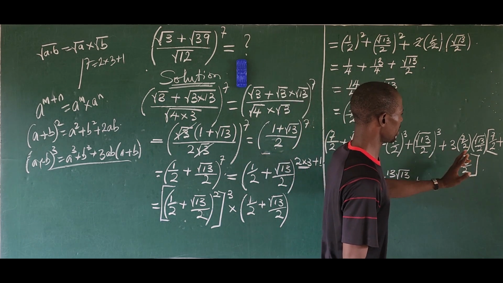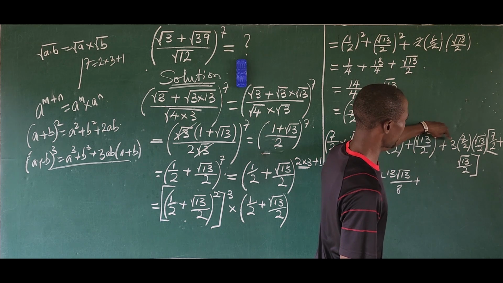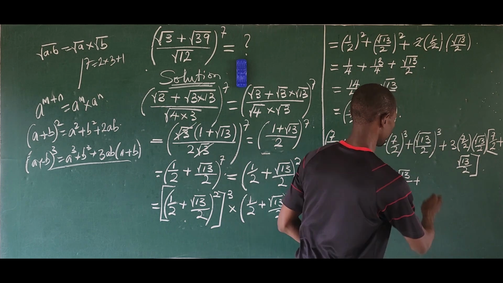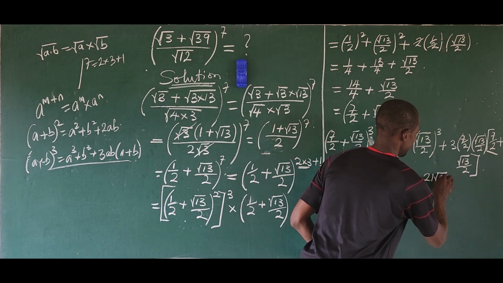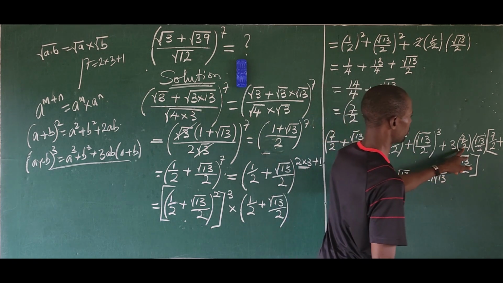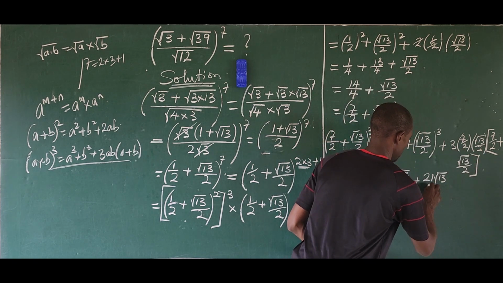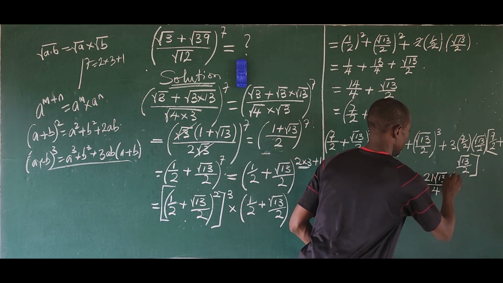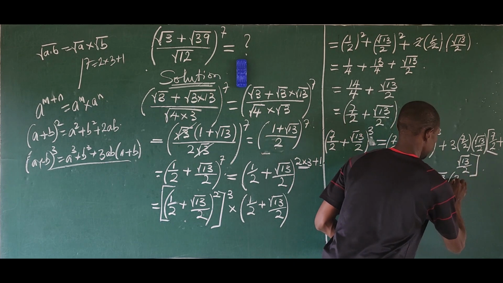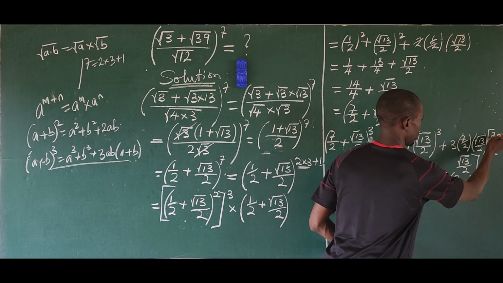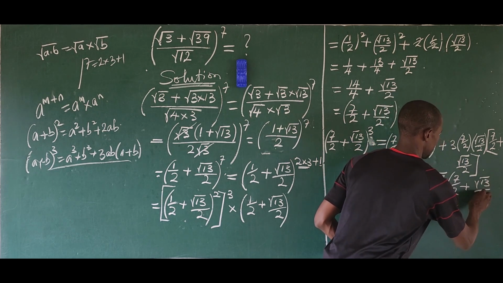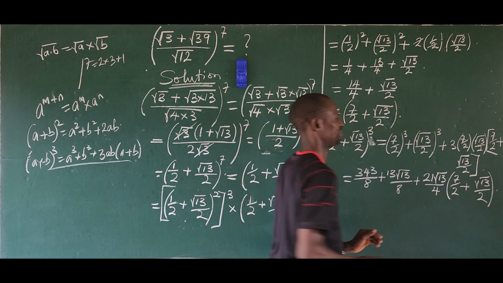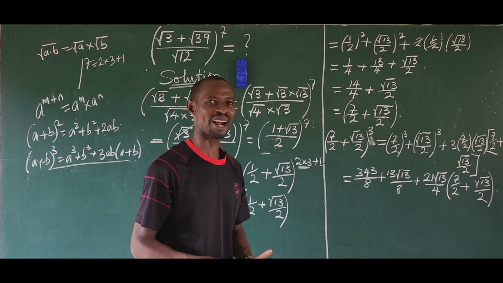Now, if you check this out carefully, we're going to have 3 times 7, which is 21. We have here 21 root 13, right? Then we're going to have 2 times 2 here, which will give us all over 4, bracket, whatever we have inside the bracket here, which is 7 all over 2 plus root 13 all over 2, close bracket. We are heading somewhere, right?